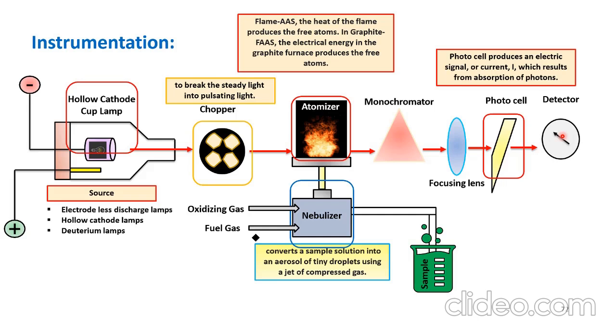This is the flame, this is the atomizer. The heat of the flame produces the free atoms. In graphite AAS, the electrical energy in the graphite furnace produces the free atoms. Then the photocell produces an electric signal or current which results from absorption of photons. So from the absorbance, we can convert it into the current and then it goes to the detector.